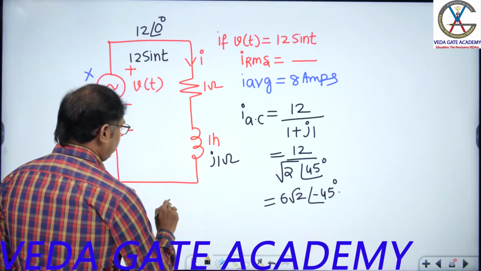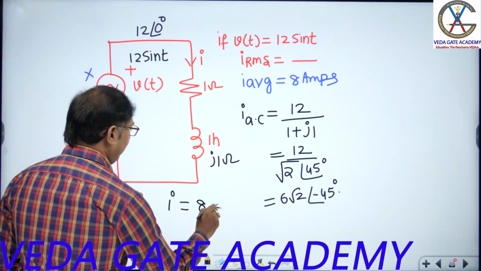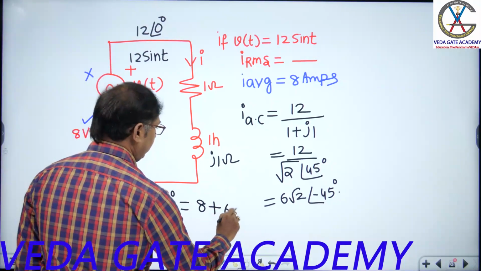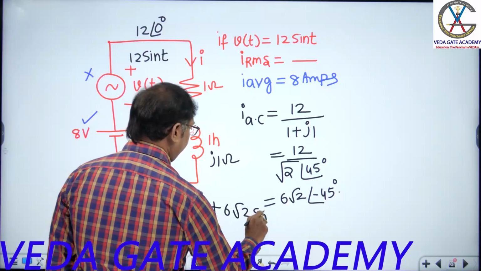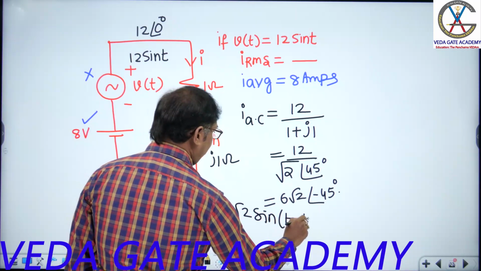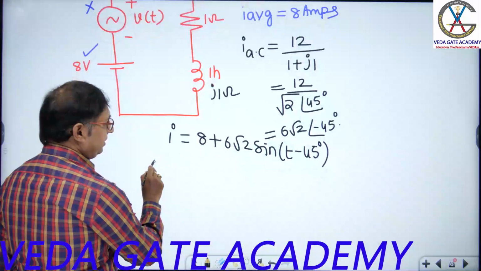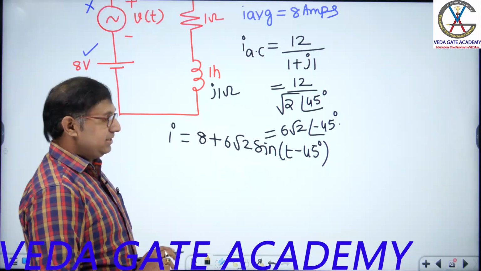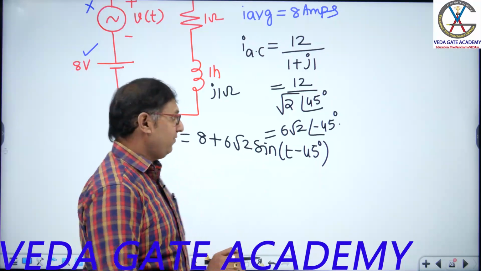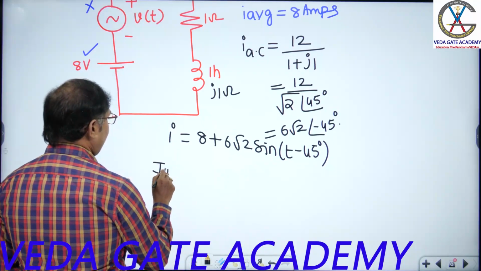So the overall current expression is 8 plus 6 root 2 sine t minus 45 degrees. What is IRMS?